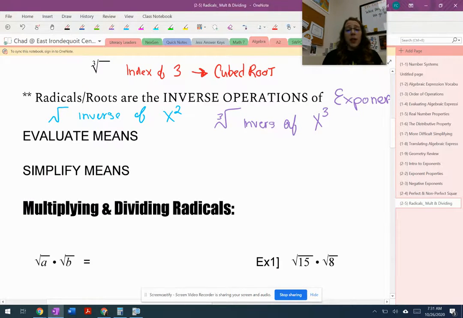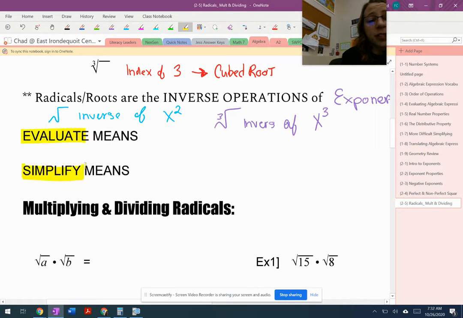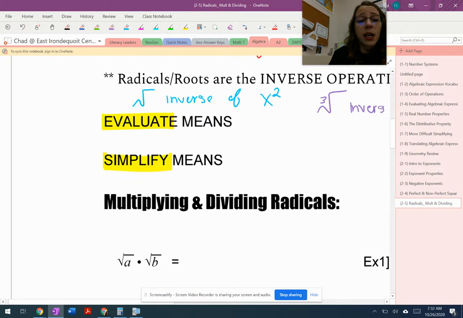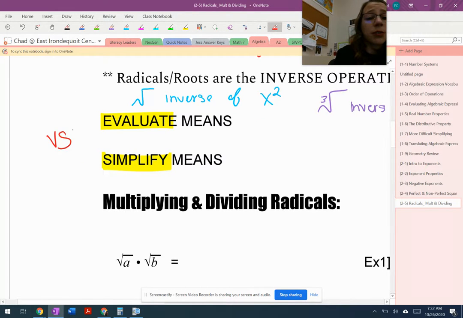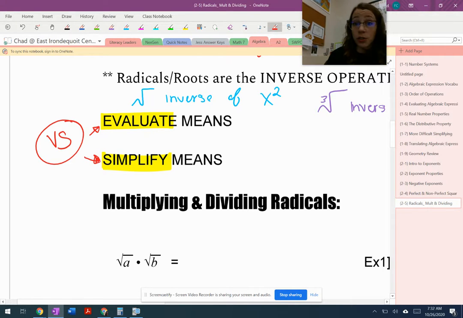There's two main directions you're going to get when you are looking at these problems with square roots, and that is to evaluate versus simplify. And these are two very different things, and it is very, very important that you pay attention to which one the question is asking you to do.